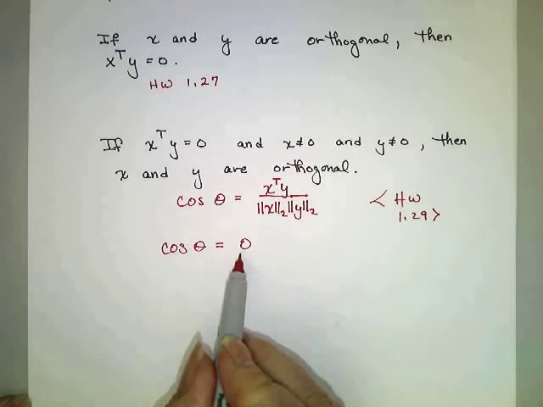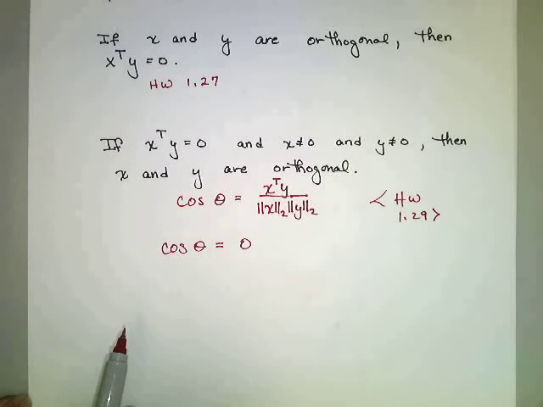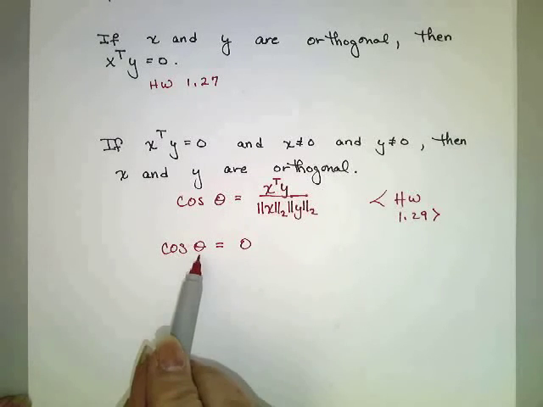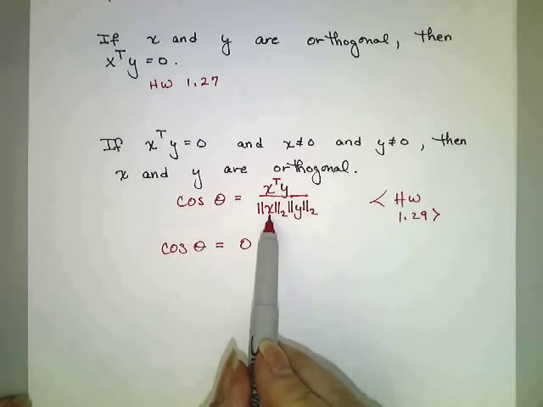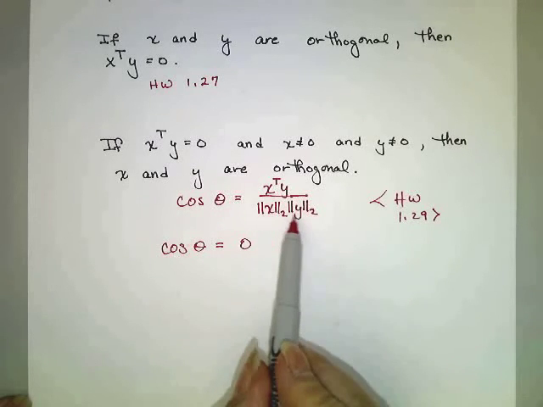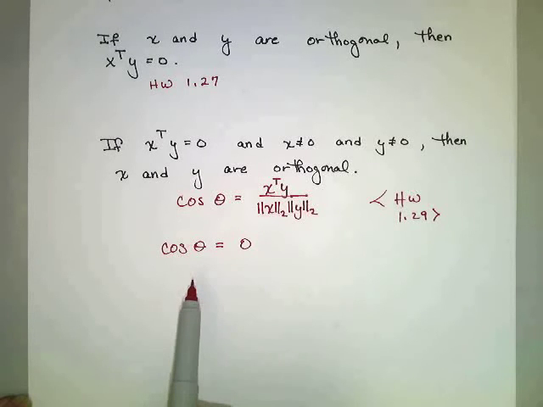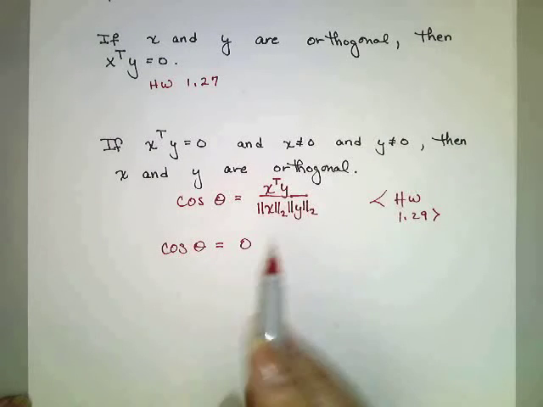And if the cosine of theta is equal to 0, that would mean that theta is either a 90-degree angle or a 270-degree angle, or that the two vectors that we started off with, x and y, actually were perpendicular to one another.